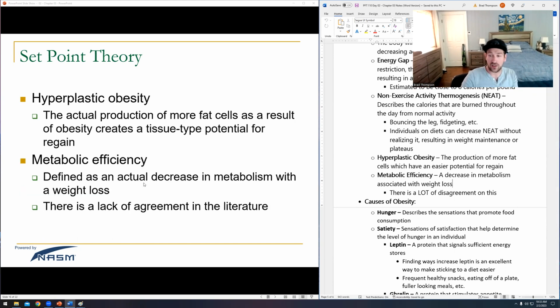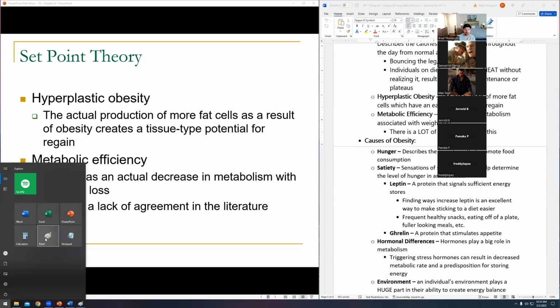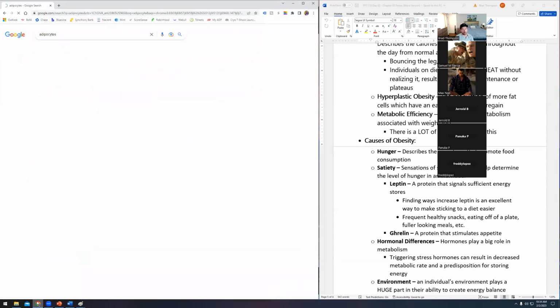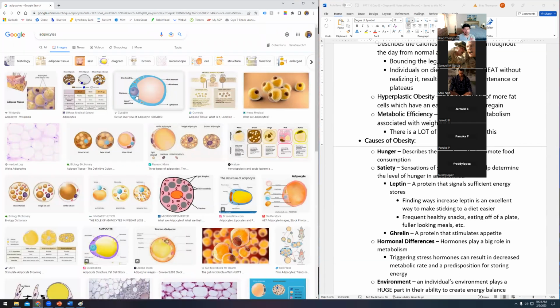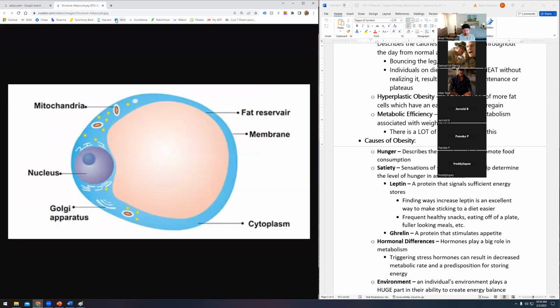Now there are the more dangerous versions, where you will sometimes hear of what we call hyperplastic obesity. This is where you have to remember the way fat cells function, right? If you look at an adipocyte, it's this big fat reserve. Now, your adipocyte does the same thing any other cell does. It divides if it needs to.